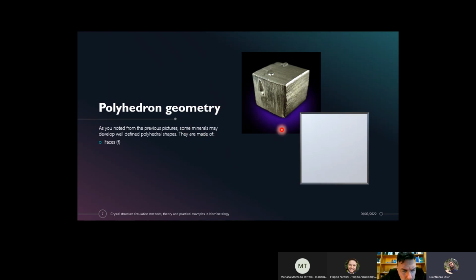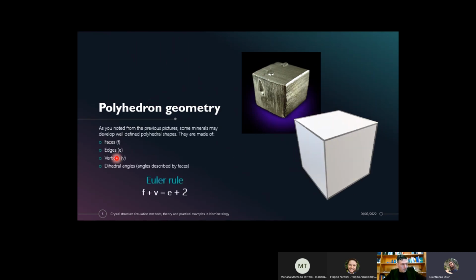So they described the crystal, for example, here you can see a pyrite crystal. You can see very nice cubic faces, a very cubic shape. And we can describe these crystals in terms of polyhedron geometry. So polyhedrons are described by faces, then edges, and vertices. Okay, and the other angles that are the angles described by the faces.